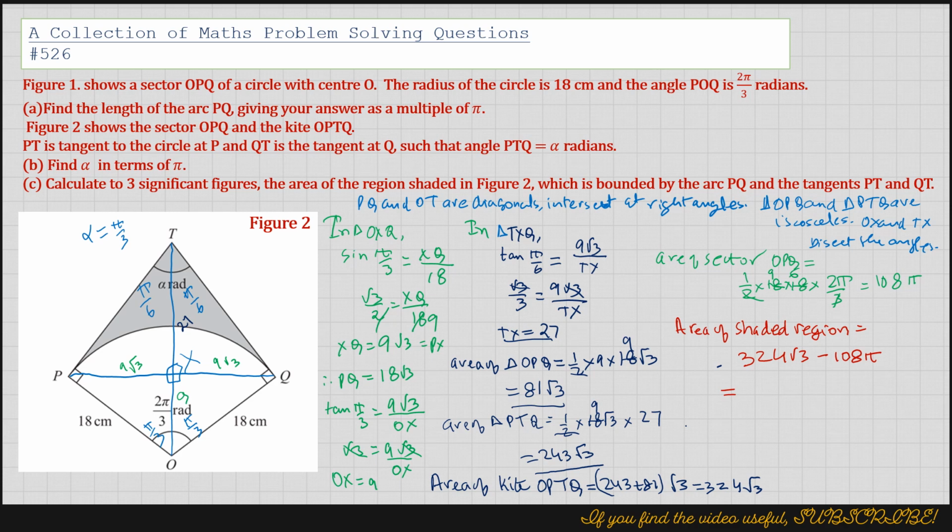Now, I may have ignored the decimal places, so let me get it right, because it's correct to 3 significant figures.